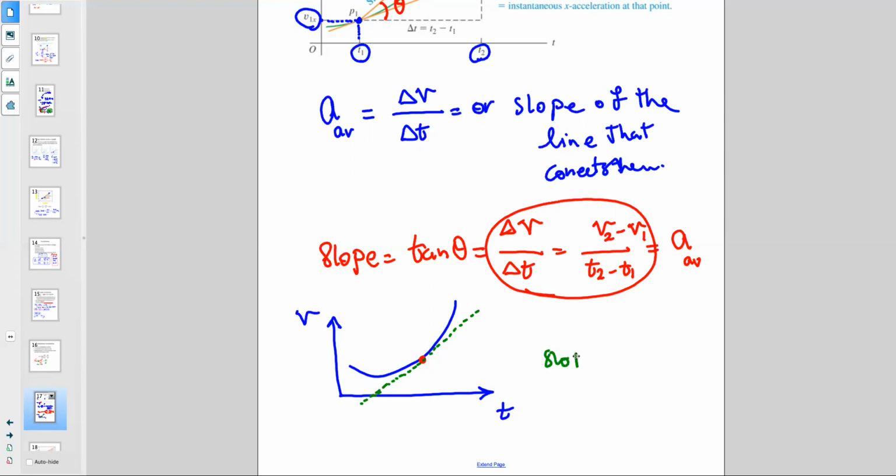The slope of the tangent line at that point is your instantaneous acceleration.